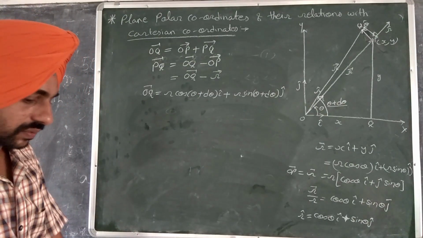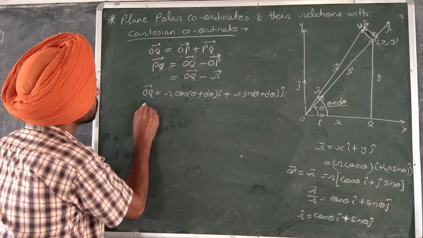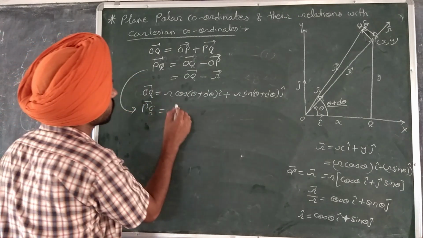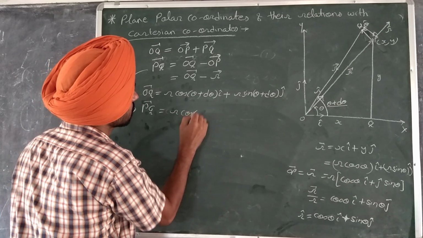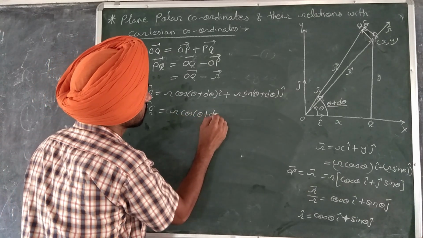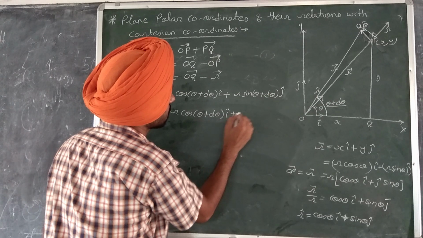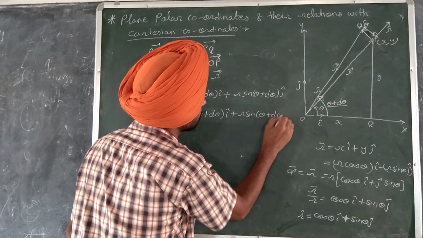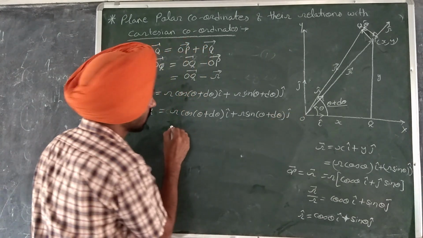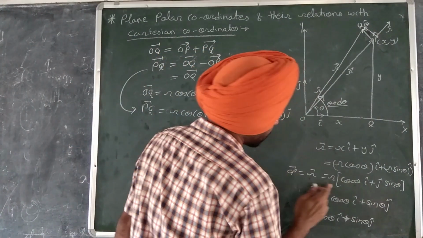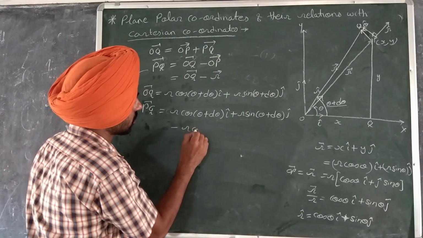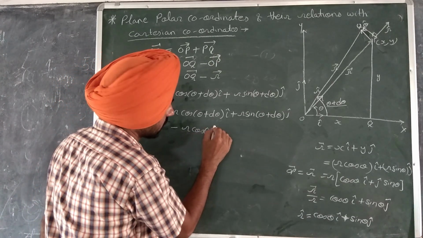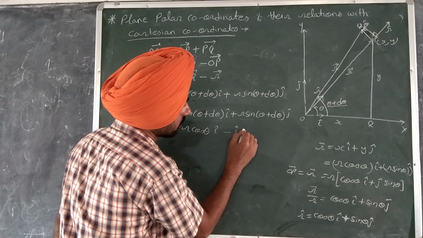Okay, so vector PQ is, from this equation, OQ, which is R cos(theta plus d theta) i cap plus R sin(theta plus d theta) j cap, minus OP, which is R cos theta i cap plus R sin theta j cap.